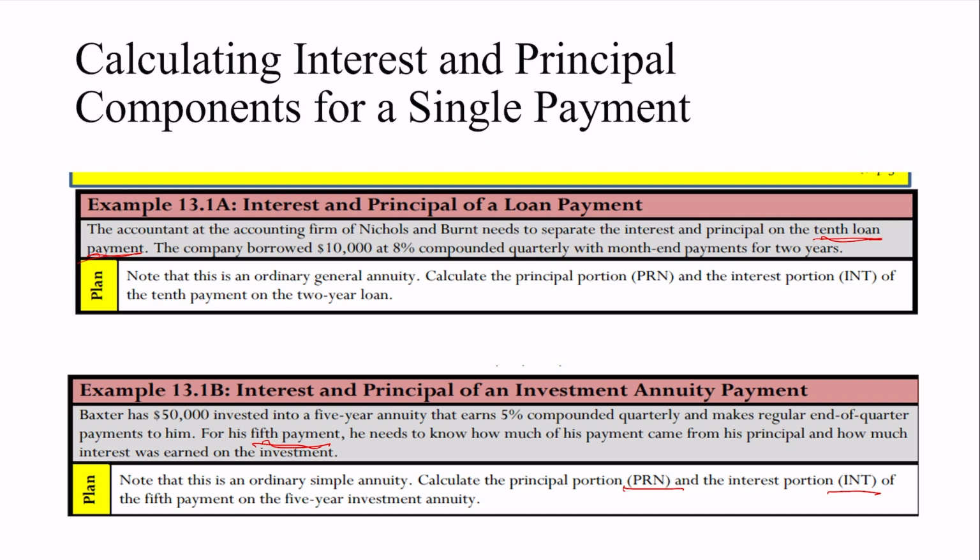Okay, so Baxter has an investment of 50,000. So what we have to find out? First, we have to find out the PMT. So what is given here?